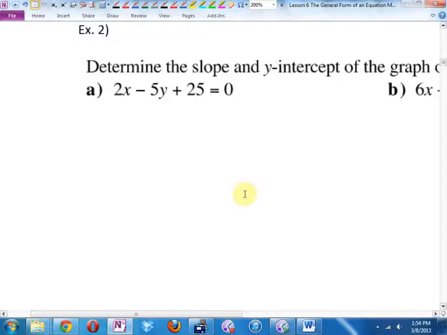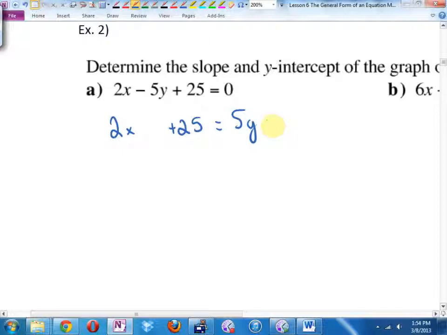Remember that FELTSAT acronym? Fractions are none. Expand brackets are none. Gather like terms are none. Add and subtract, then divide last. So yeah, I would add 5y. In fact, you know what I would do? Can we do this showing no work? I would drop the 2x down. I would drop the plus 25 down equals 5y.